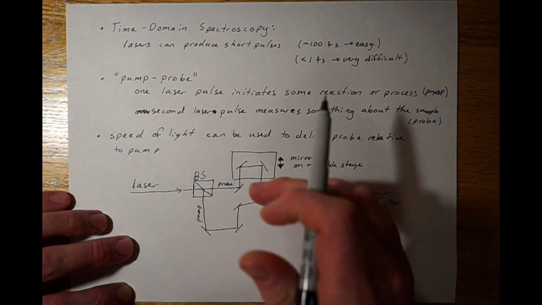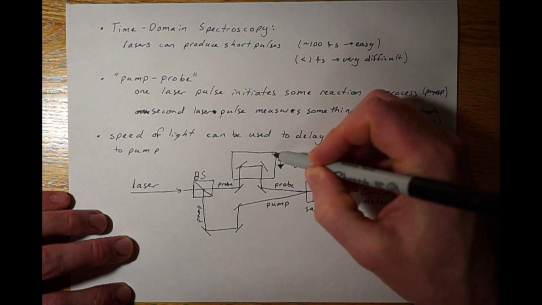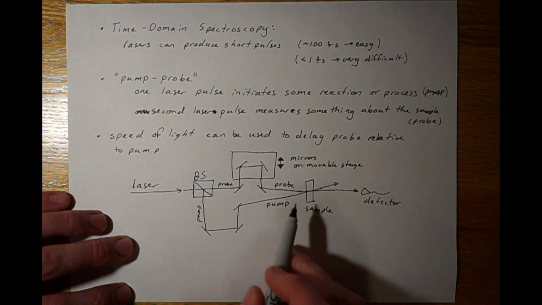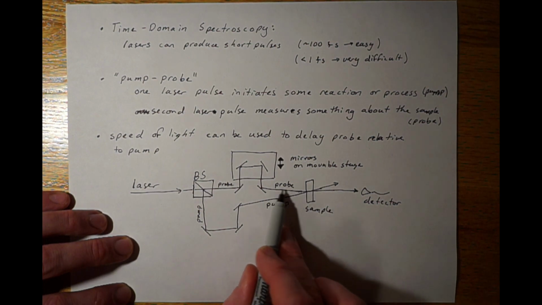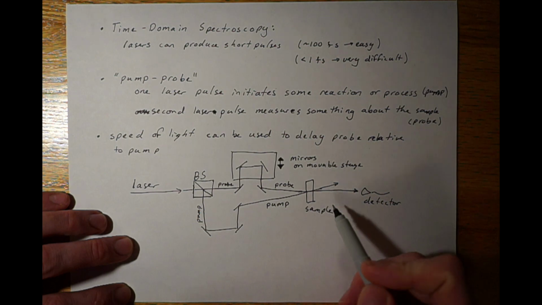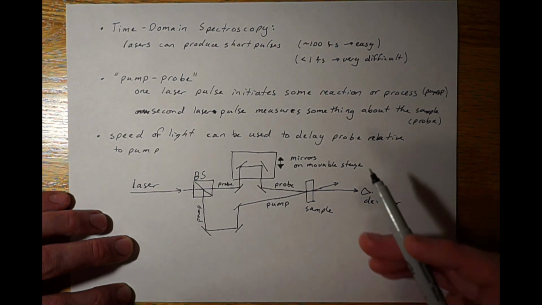And so as long as we can controllably and carefully delay these mirrors on this movable stage, we can record our time-resolved spectrum of, hey, how much reactant do we have? How much intermediate do we have? How much product do we have?